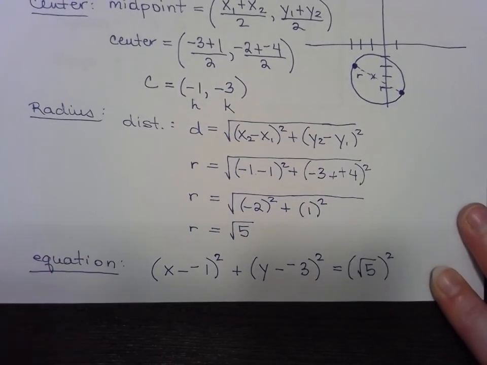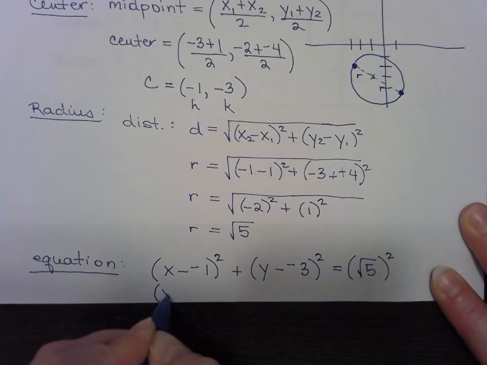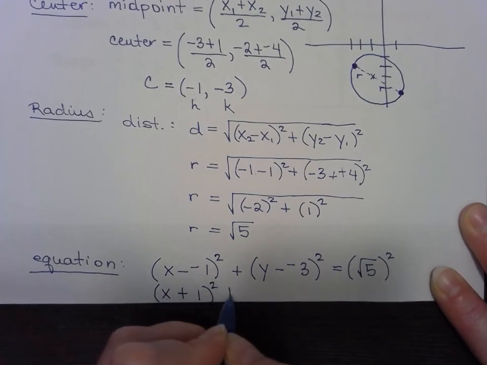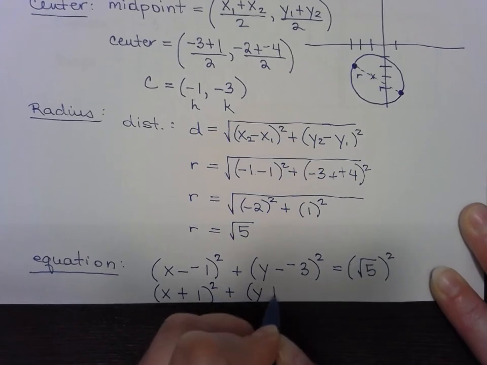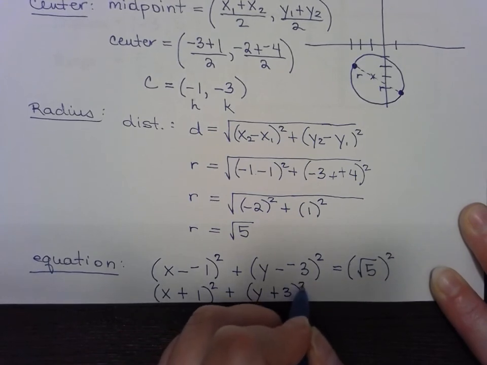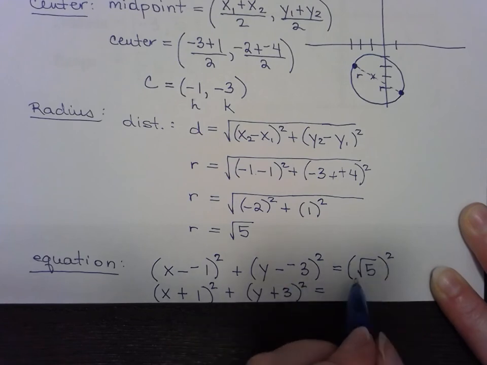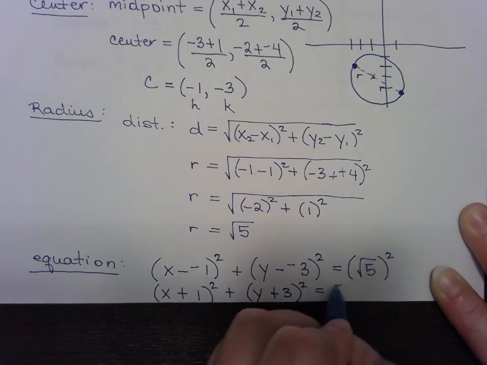I'll do one more line here, I'll squeeze it in at the bottom. So with these two negatives, this is going to be x plus 1 squared plus y plus 3 squared. And if I square a square root, they cancel and I just get 5.